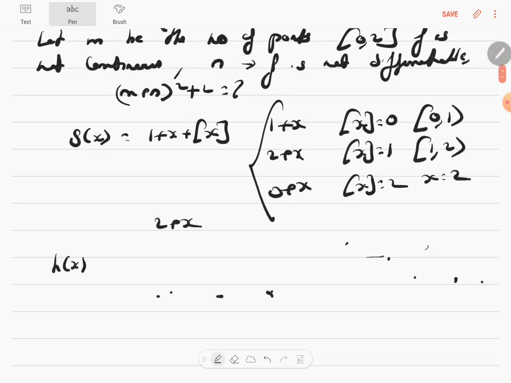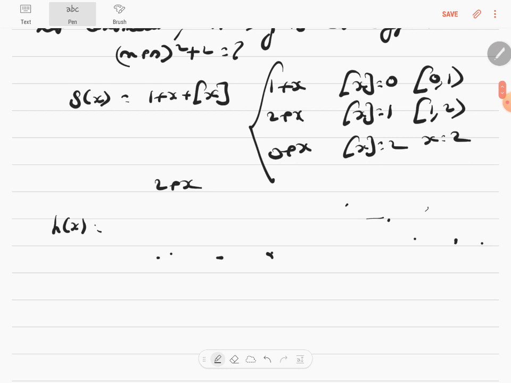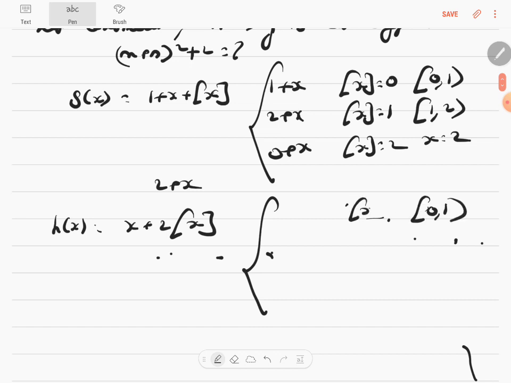Let's define the third function, h of x, which is x plus 2 times the greatest integer function of x. Again from 0 to 1, the greatest integer function's value will be 0, so it will be just x. When x lies from 1 closed to 2 open, the greatest integer function's value will be 1, so it's x plus 2.